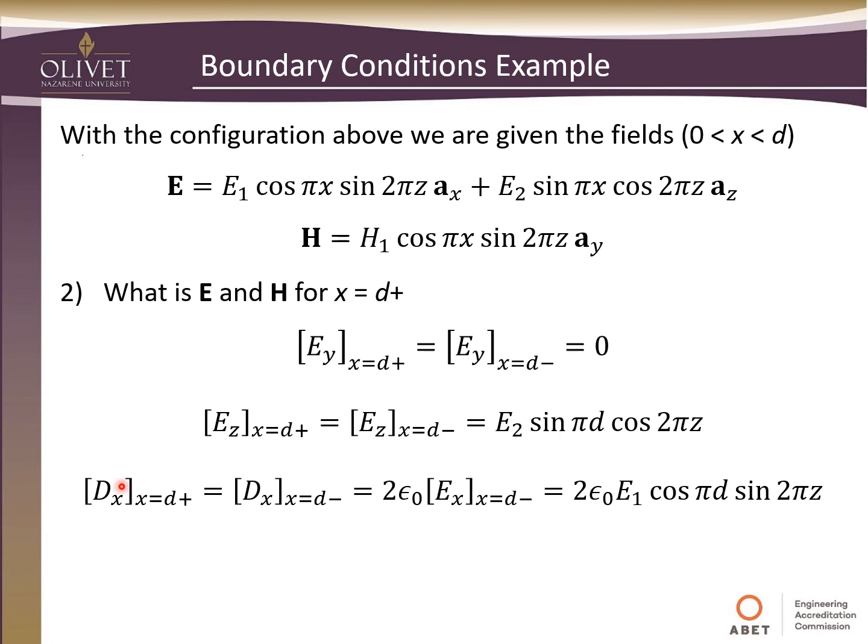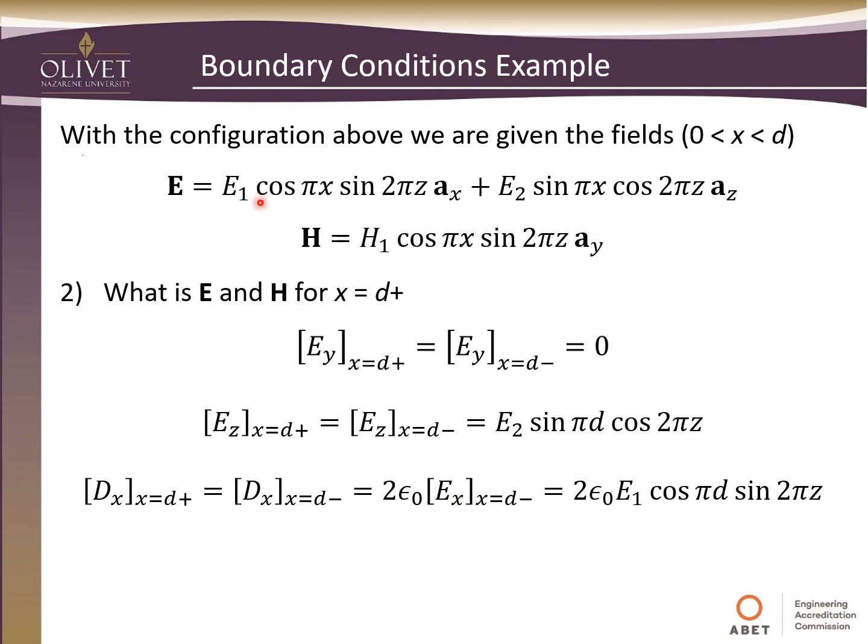So we can find the normal components, or the dx components of our displacement vector from Gauss's law. It says that they're going to need to be equal. And so we know what that is, right? At least in the sandwiched medium, it's 2 epsilon naught Ex.